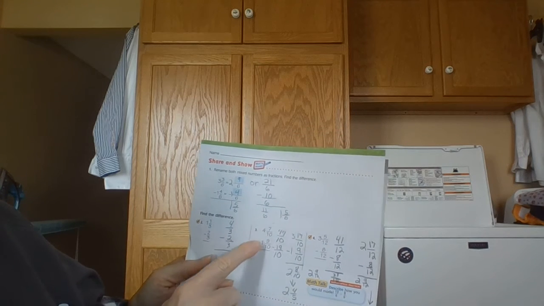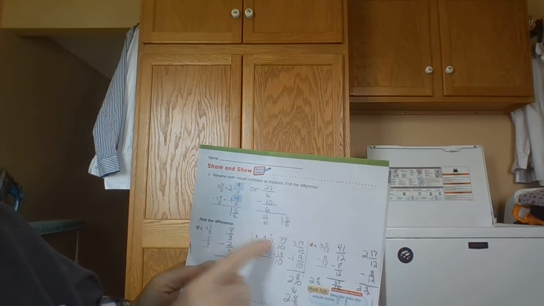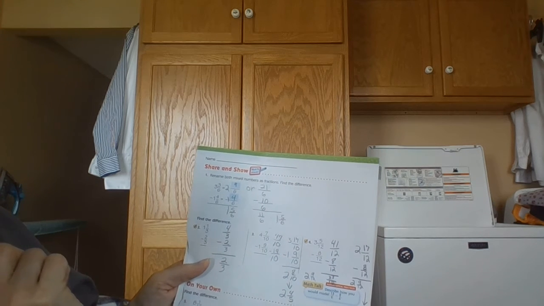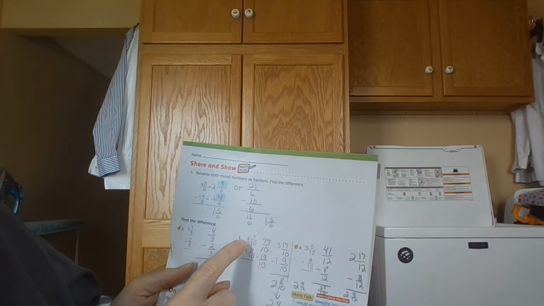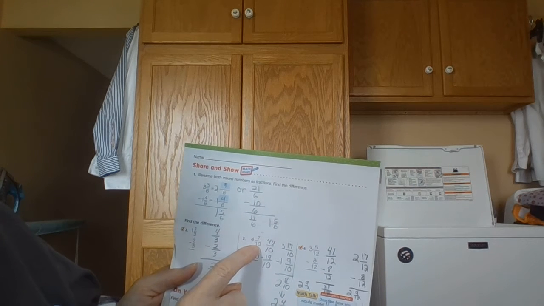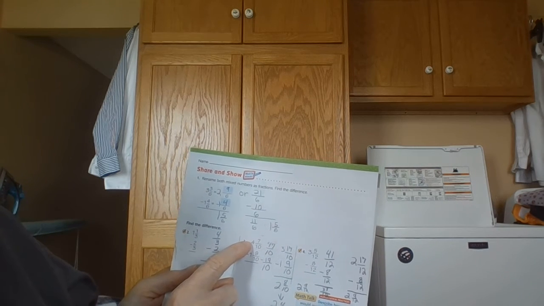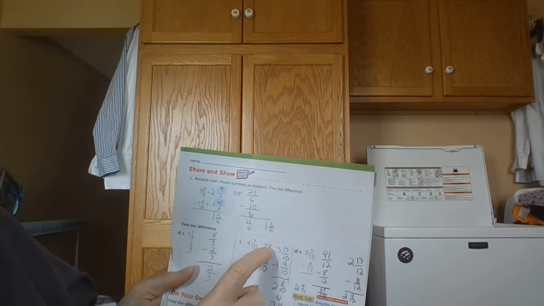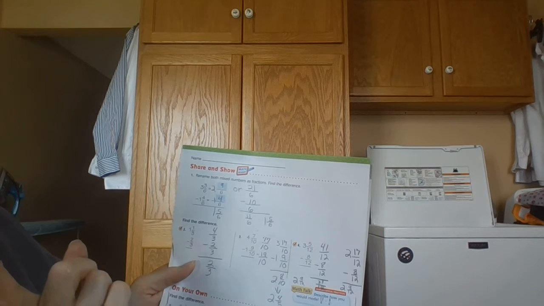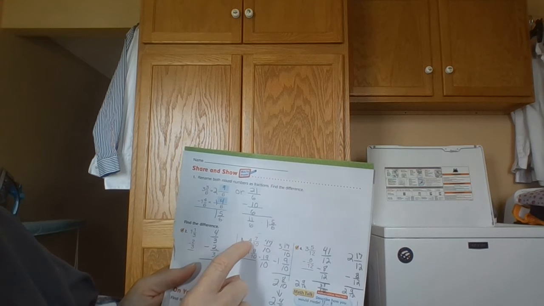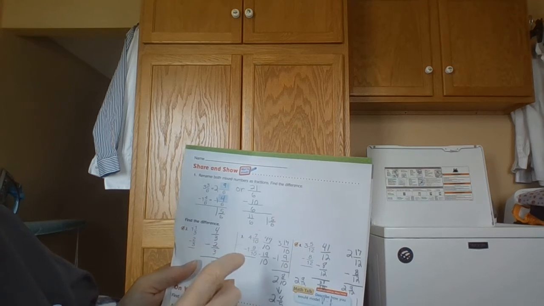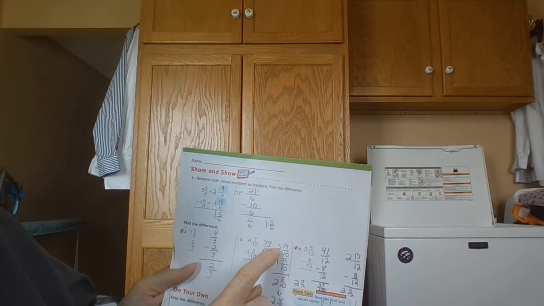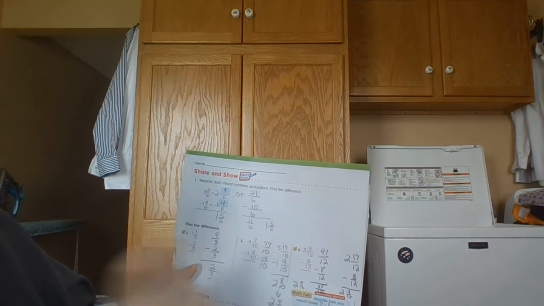On number 3, it's 4 and 7/10 minus 1 and 9/10. There are 2 different ways to do it. You can multiply 10 times 4 and get 40 and add the 7, and then it becomes 47/10. Or you could take 1 away from the 4 and make it 10/10 and add it to the 7, and that makes 3 and 17/10.